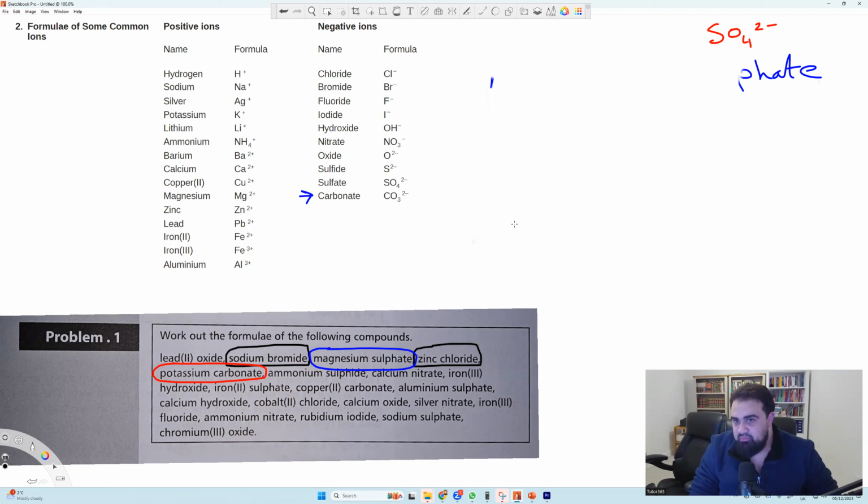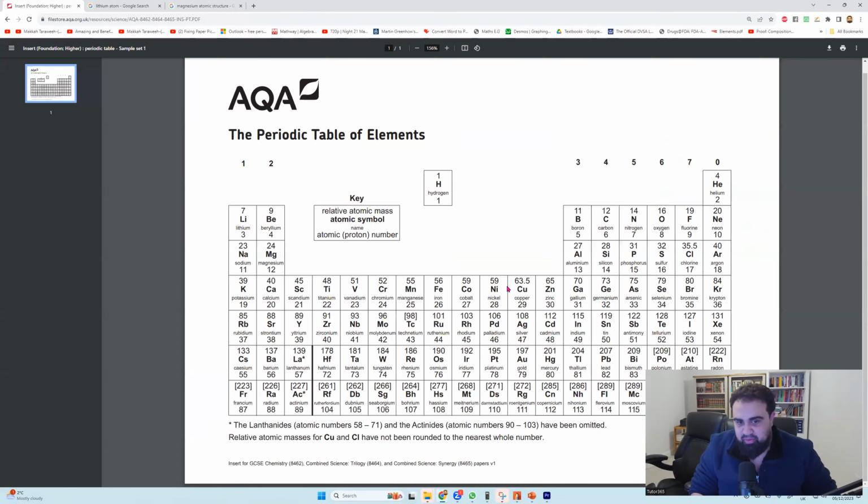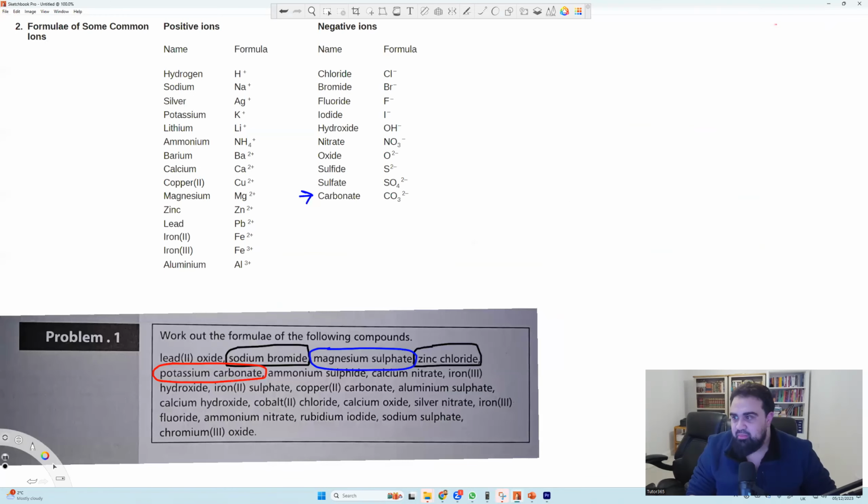Now, for some metals, do you remember those transition metals we spoke about earlier? The big block in the middle. Those metals make several charges. Look, you know iron, you have iron(II), and it's written in brackets like that. This only happens with transition metals.